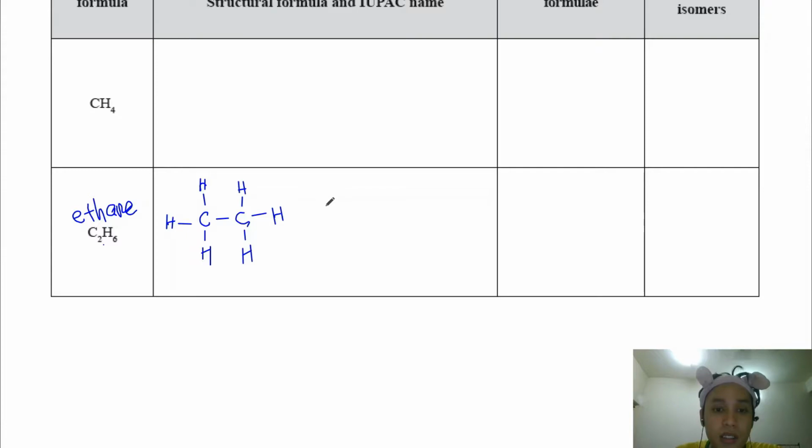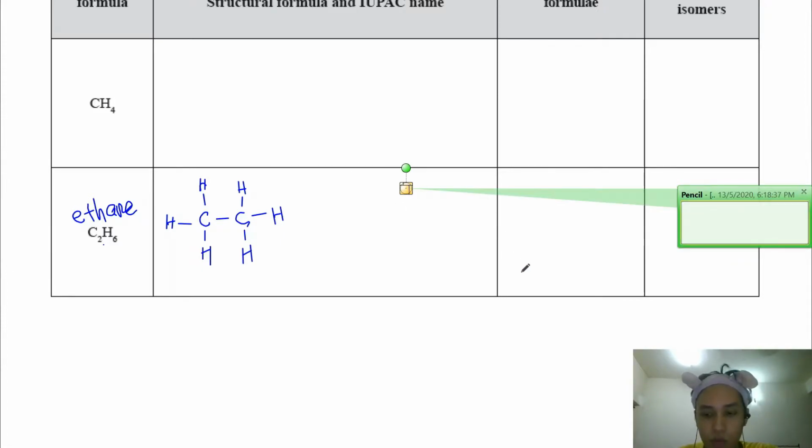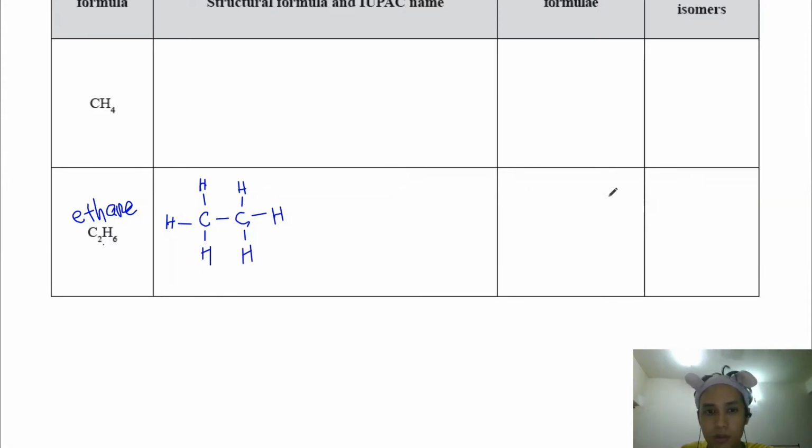But can we draw another way of C2H6? So let's say if I draw it like this: C, C. Now, are these two different or similar?